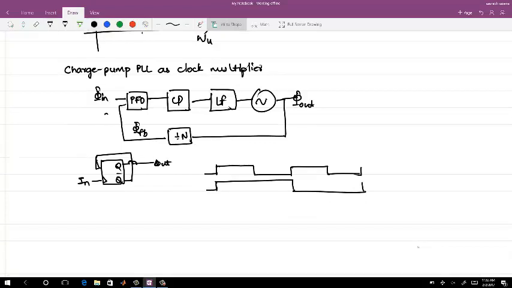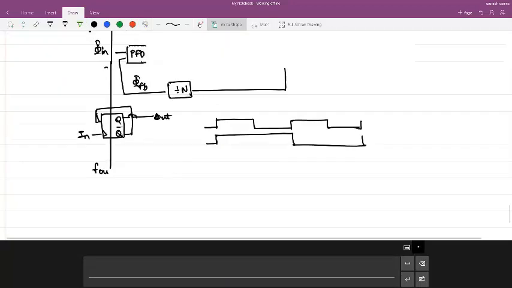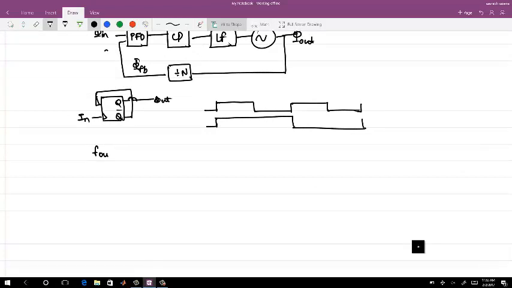As soon as we introduce a divider in the feedback loop, this acts as a clock multiplier where F out is equal to n times F ref, and most of your loop gain remains the same.